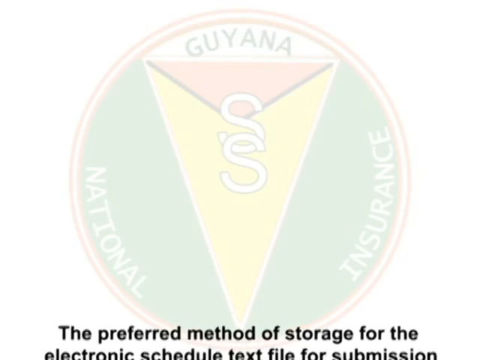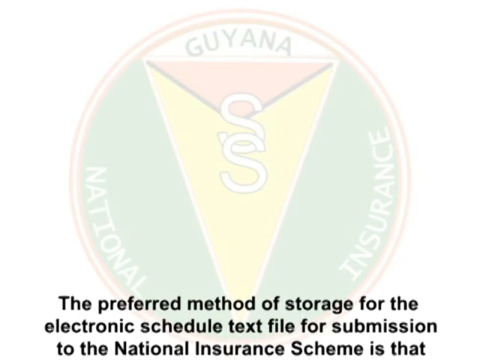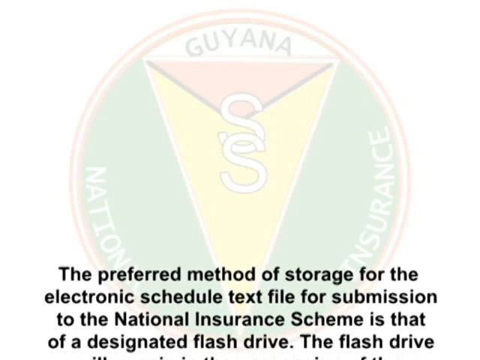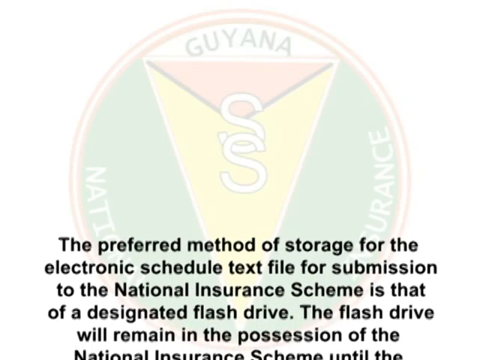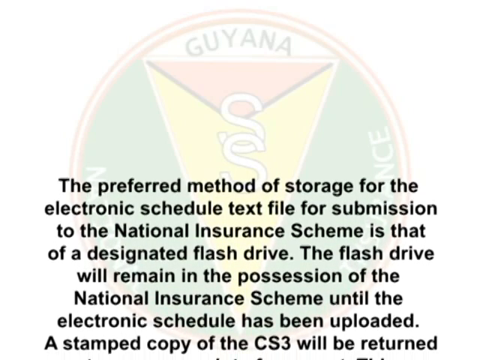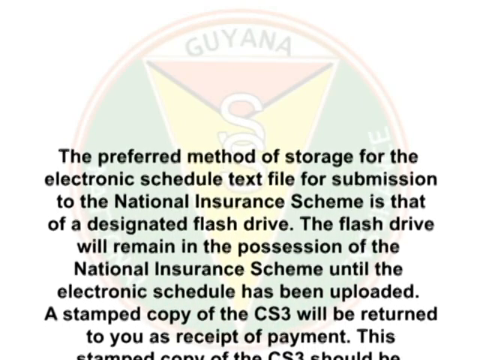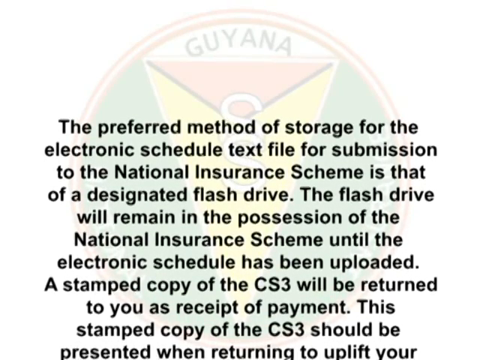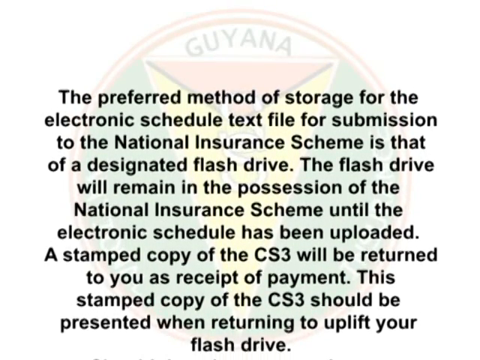The preferred method of storage for the electronic schedule text file for submission to the National Insurance Scheme is that of a designated flash drive. The flash drive will remain in the possession of the National Insurance Scheme until the electronic schedule has been uploaded.